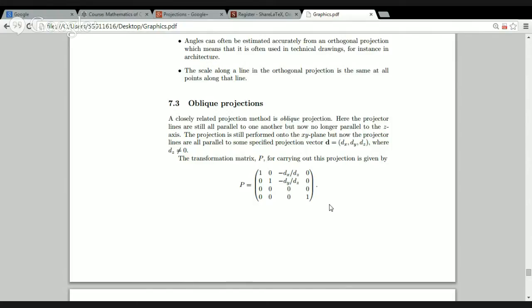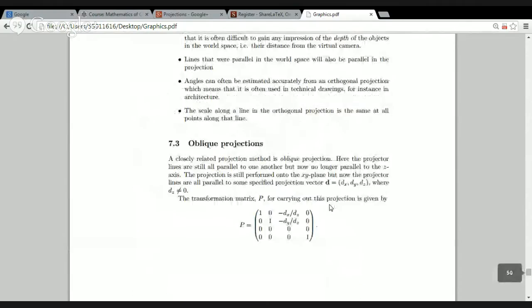So oblique projection, now I don't have a diagram to show this, but oblique projection is where the projector lines are still all parallel to each other, okay? Let's draw a suggestive diagram. So let's just draw a top view of the environment.